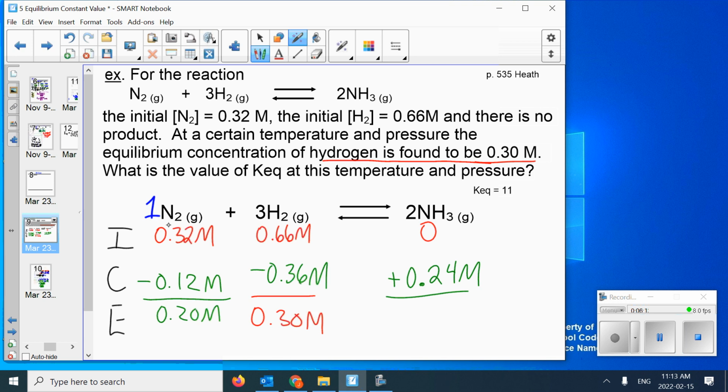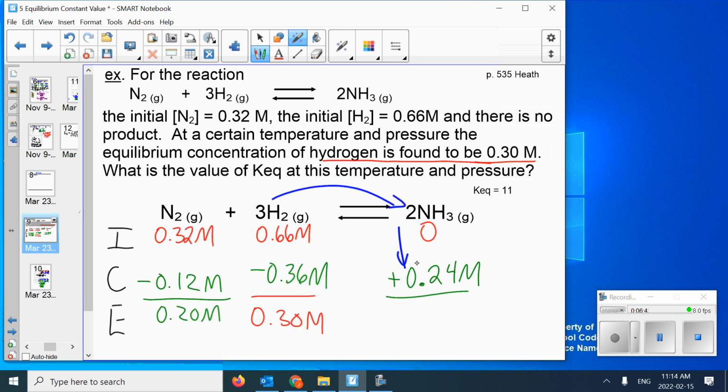I like this one because it's a 1-to-2 ratio, so I just thought 0.12 times 2. If you wanted to do it with 0.36, that's a 3-to-2 ratio, so there's more involved, and this is why I use the 1. 0.36 divided by 3, which is 0.12, times 2, you'll get the same number, but it's more steps.